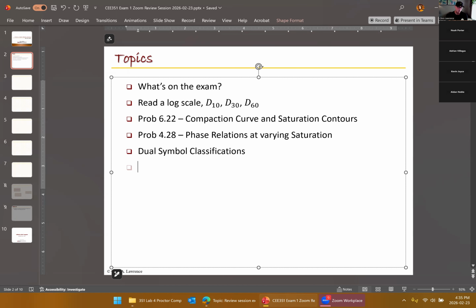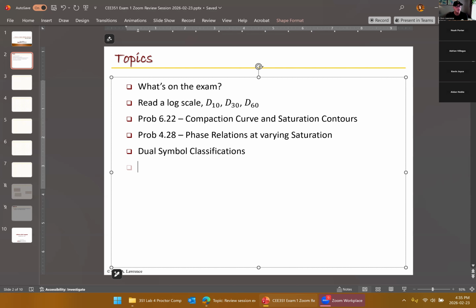And that's because, in my opinion, you're not going fast enough solving these problems. At this point in the semester, for example, phase relationships. I was just asked about, let's say, problem 4.28. Several problems in the homework were very similar to that.